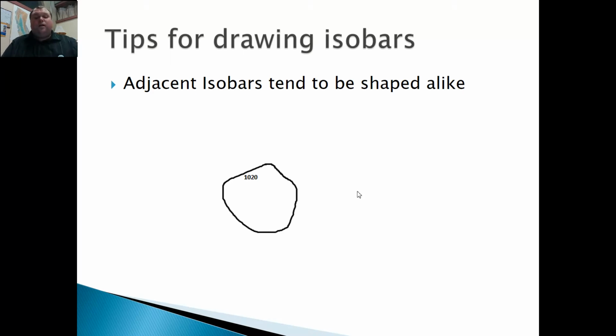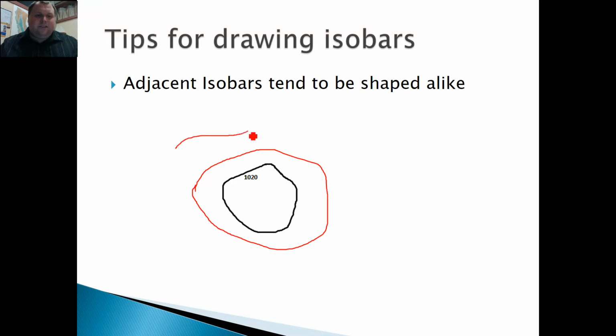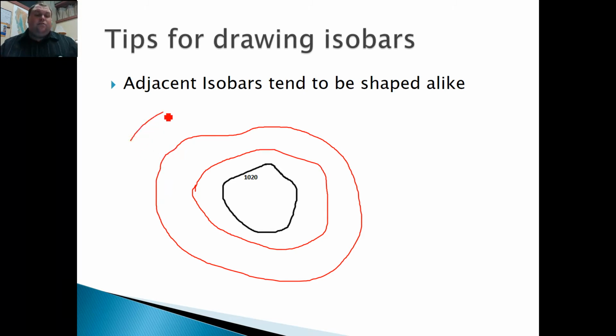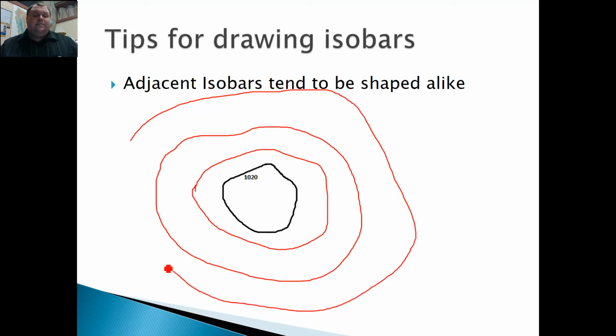If I was a betting man, I would bet that the 1016 isobar is probably going to be shaped very similarly. Not perfect, but very similar. And then the next one is going to be shaped very similar to that, the 1012 millibar isobar. The one outside of that, the 1008 millibar isobar, and so on.